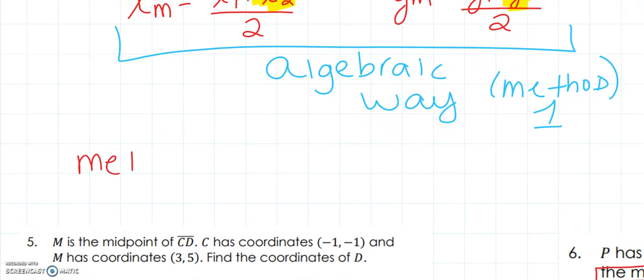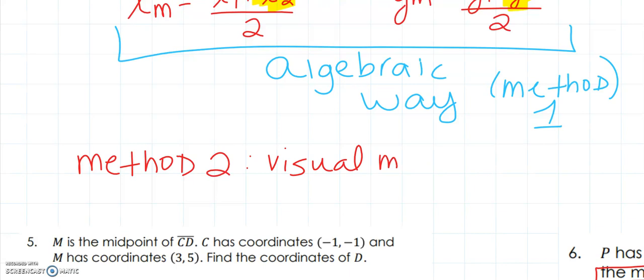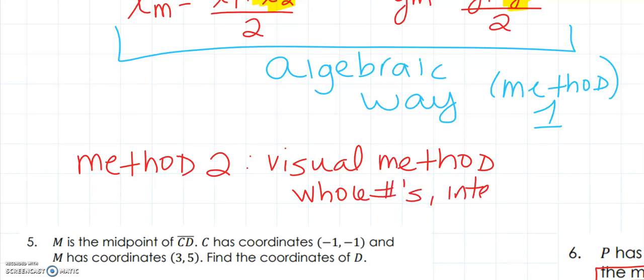So method 2, which is the one I really want to focus on, and I think is much easier than method 1, is a visual method. Now, the visual method is most appropriate when you're dealing with whole numbers or integers. But when you deal with decimals and fractions, sometimes it's easier to go with method 1.